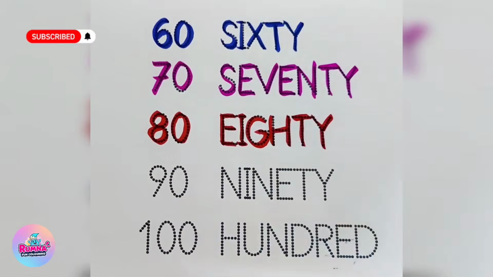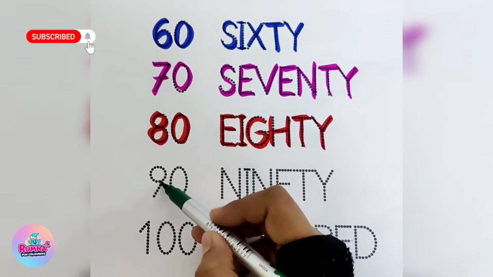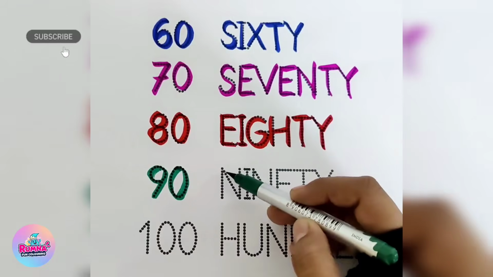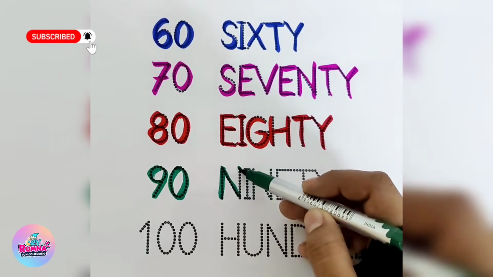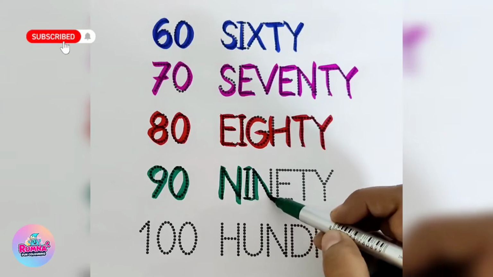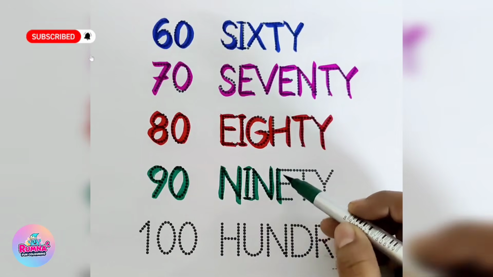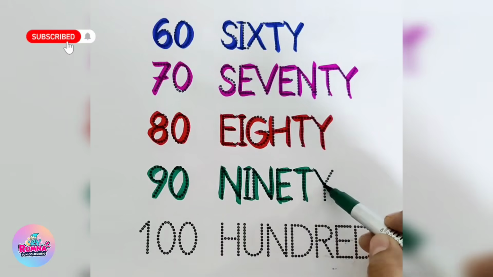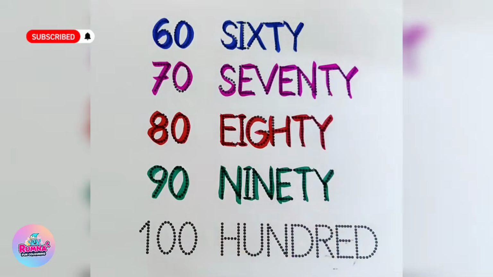Then we have 90. 90. N, I, N, E, T, Y. 90.